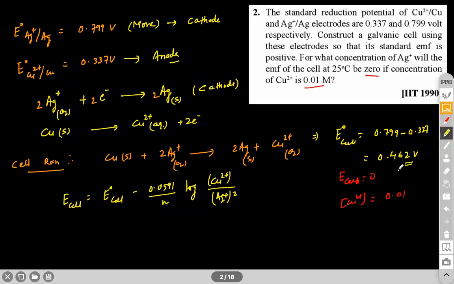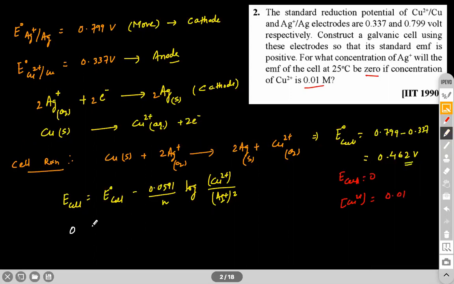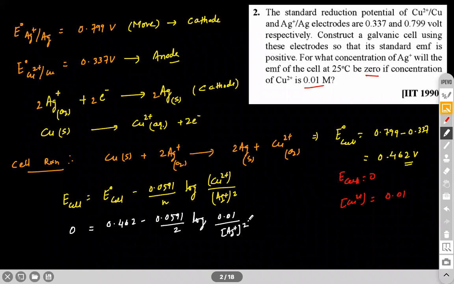Now when you substitute all these values in our equation, you'll get 0 equals 0.462 minus 0.0591 by 2 log of, we need to find the concentration of Ag+, so Cu2+ is 0.01 divided by Ag+ squared, right?